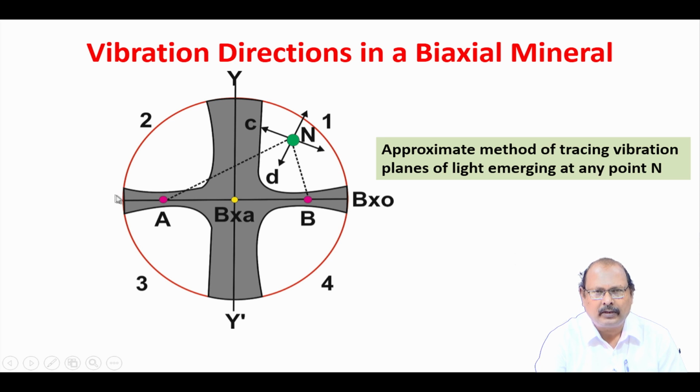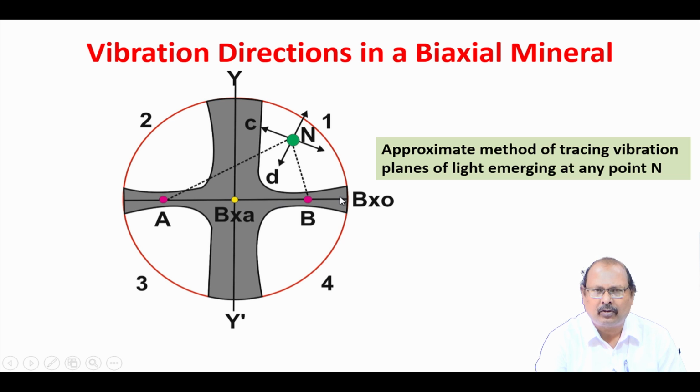If your acute bisectrix is vertical, then the point of emergence of the acute bisectrix will be at the center. Then you can have an isogyre shape something like this, at the 0 degree position. Your vibration directions in the mineral are parallel to the polarizer and analyzer vibration directions, so you will have this kind of isogyre.